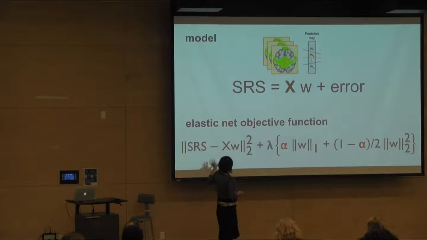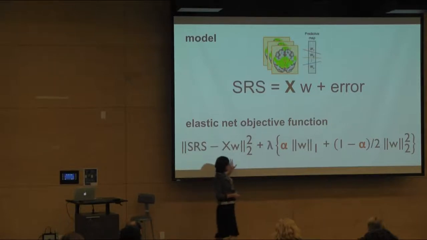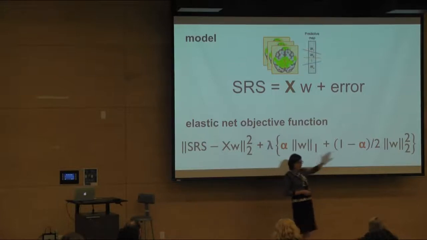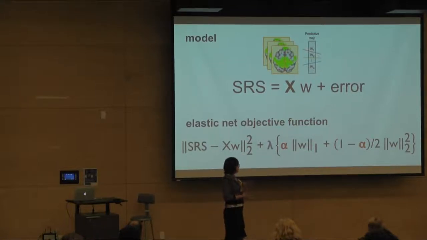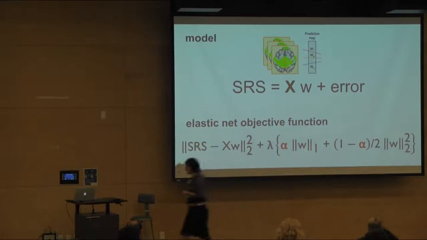And the elastic net has the least squares loss function, and then it has this penalty term, which is a weighted combination of the L1 and the L2 norms. And so we have two different tuning parameters here. The lambda controls the overall level of the regularization, and then the alpha controls the balance between those norms.